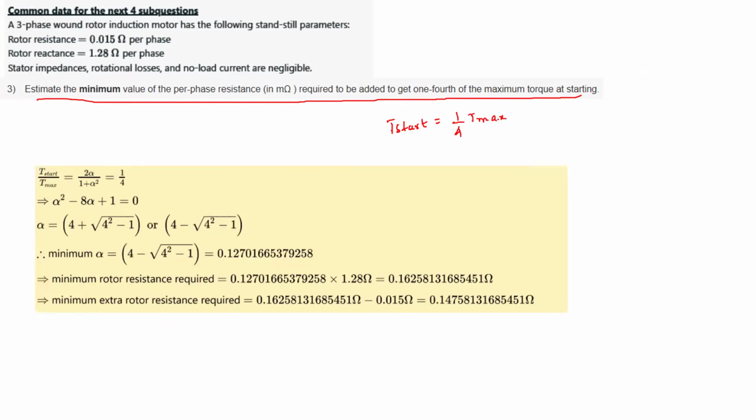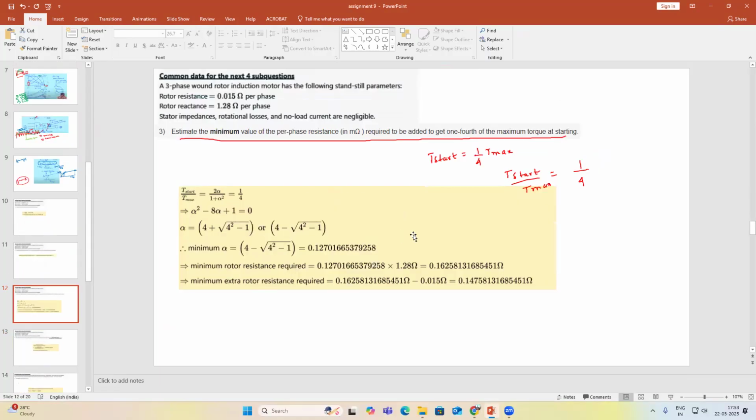So the ratio T start by T max is 1 by 4. And in the last class, we have seen how to write these torque ratios in terms of slips, right?